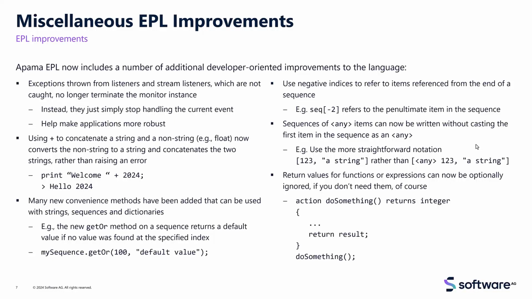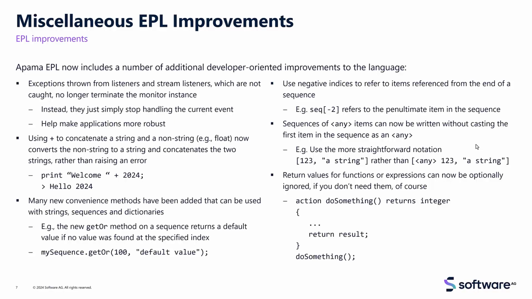If you're using sequences, you can now use negative indices to reference items from the end of a sequence. So a -2 index refers to the penultimate item in that sequence.